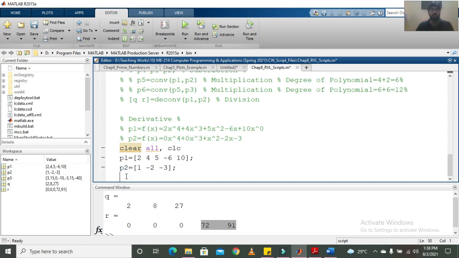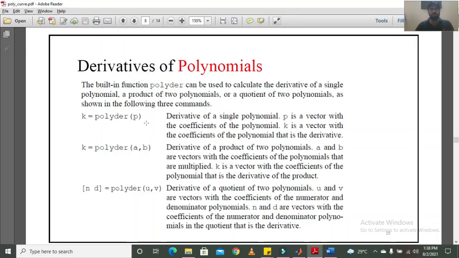So I will use the function polyder. Since it is a MATLAB built-in function, it must be in lowercase, and there should be some input argument inside the parenthesis. The input argument in this case will be an array which should consist of the coefficients of the polynomial.